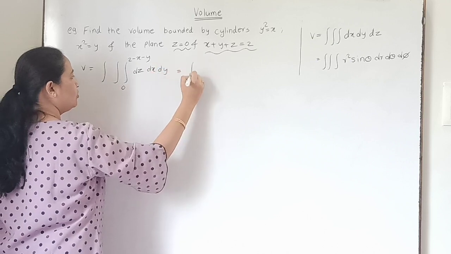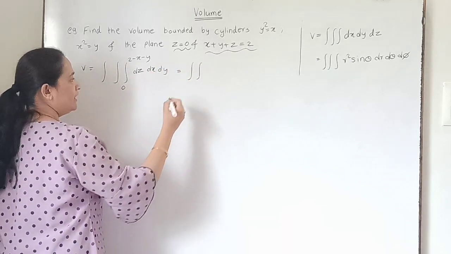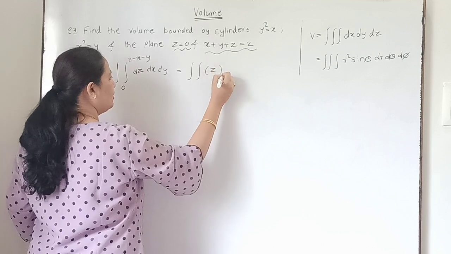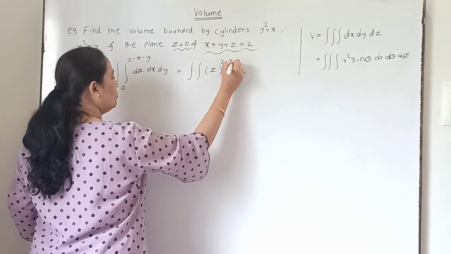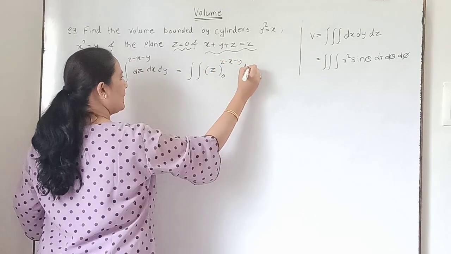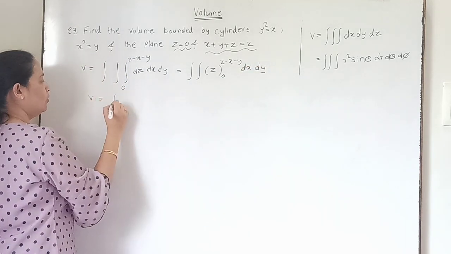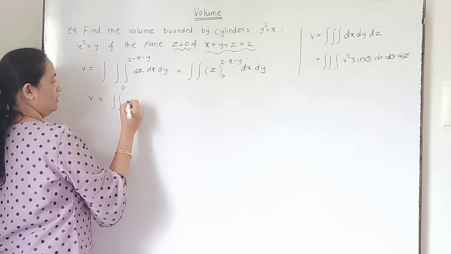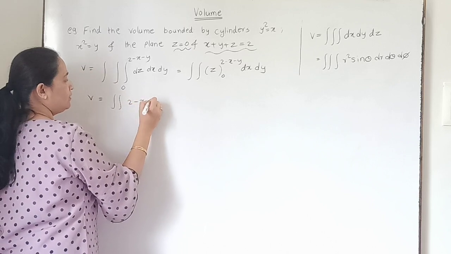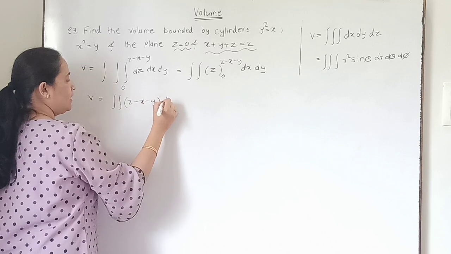The integral of dz is z, limits from 0 to 2 minus x minus y dx dy. So you will get volume equal to the double integral of 2 minus x minus y dx dy.